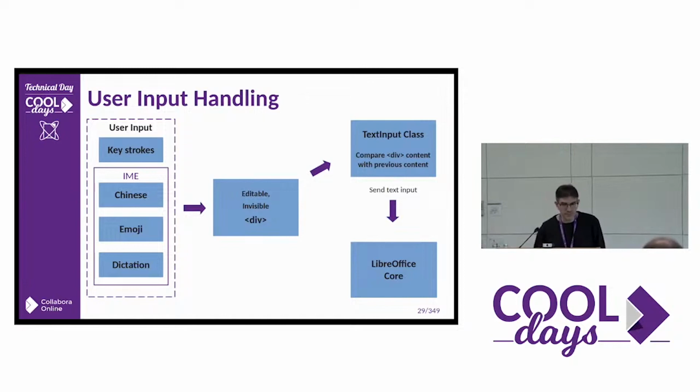First off, in online, we have an editable and invisible div element, which is used for receiving text input from the user. Anyway, we can't forward text input to the LibreOffice core as is, because handling every type of text input is a complex task, and moreover, there are a lot of corner cases.